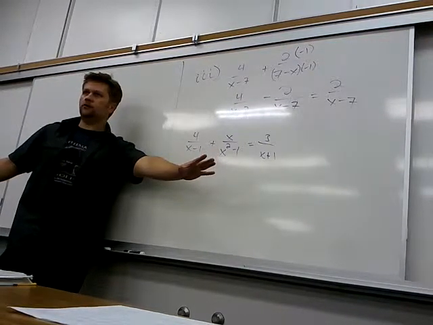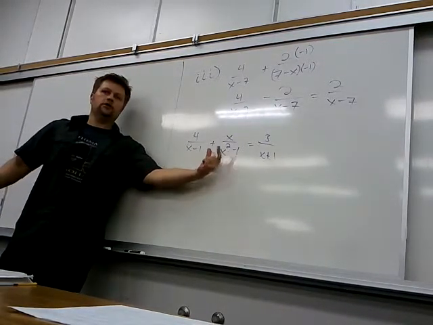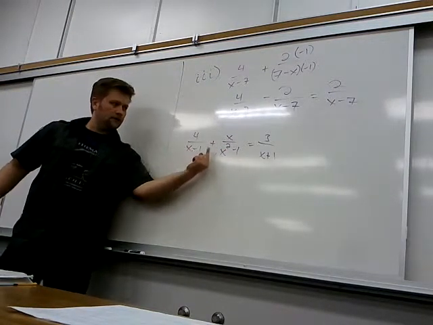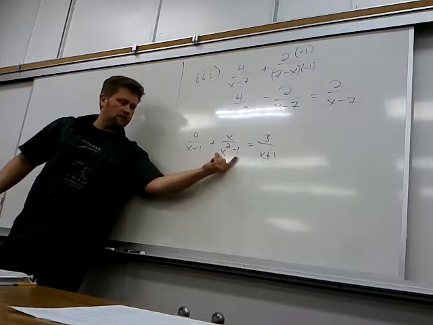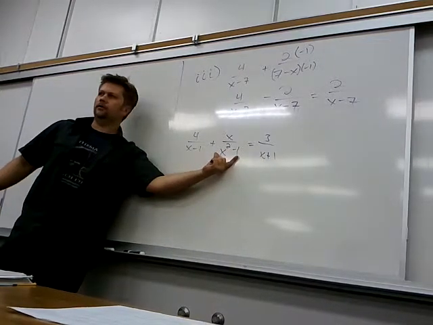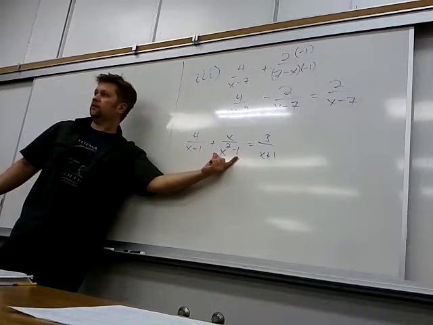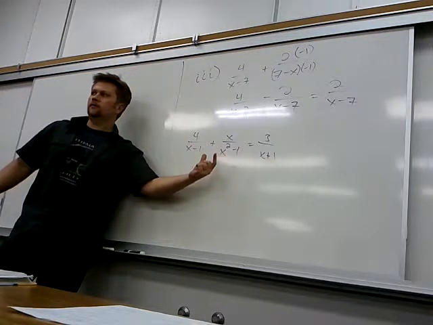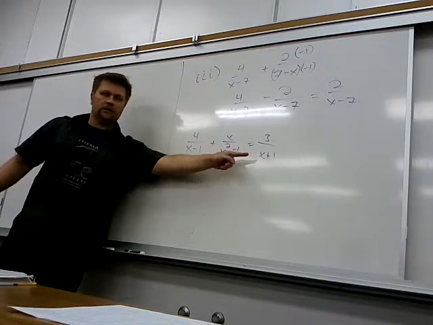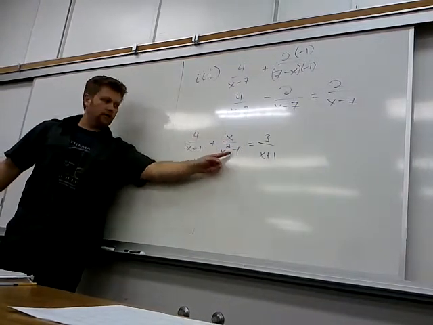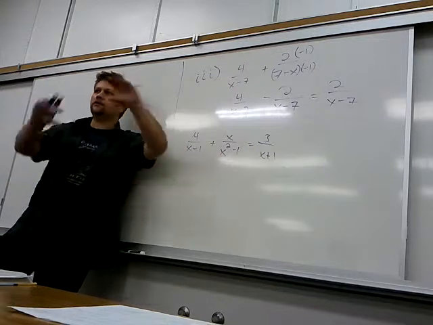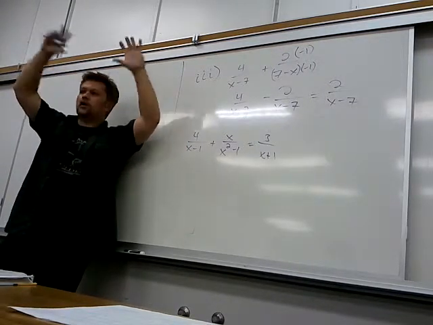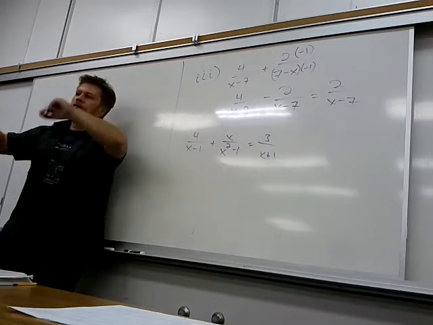Like I said earlier, whatever you do with numbers, you also do with variables. Can anybody see what the LCD would be here? If you break it up, x minus 1, x plus 1. So the LCD would be x minus 1, x plus 1. If you multiply everything by it, here the x minus 1 would cancel, here the whole thing cancels, here the x plus 1 cancels, and you get a single line equation, easy. That's all I want to say about that now. You don't have to worry about that yet. That's in your future.